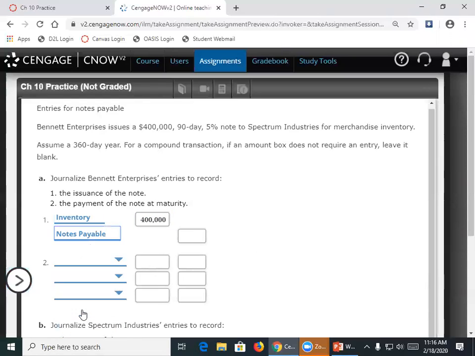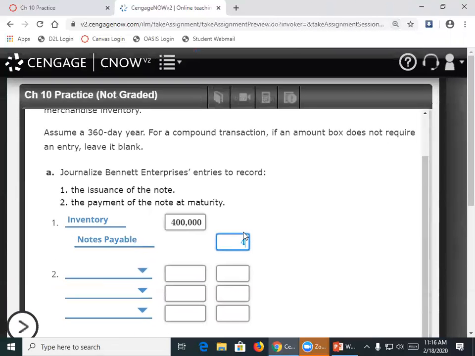And we're going to credit notes payable 400,000. Okay, so inventory gets debited and notes payable gets credited. Our debit account can change based on what we're issuing the note for. It could be accounts payable, it could be cash, or in this case, it's inventory.